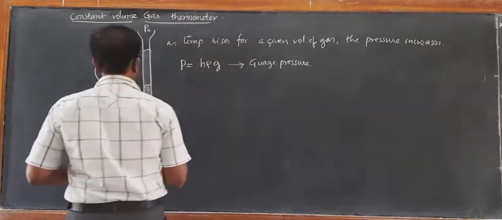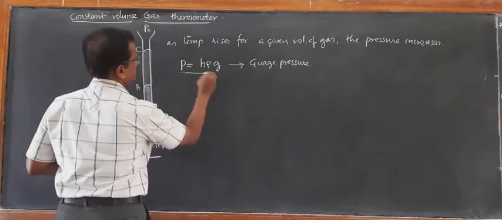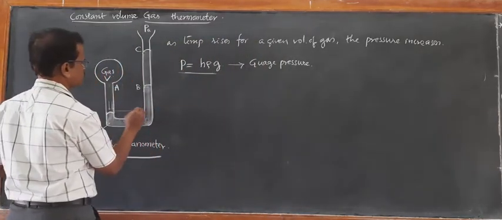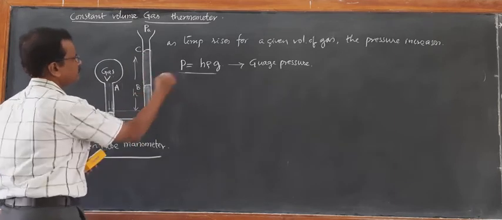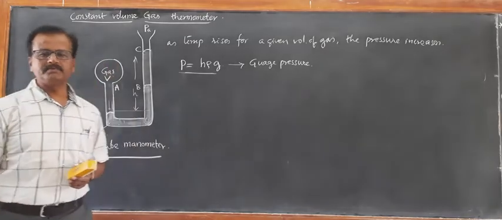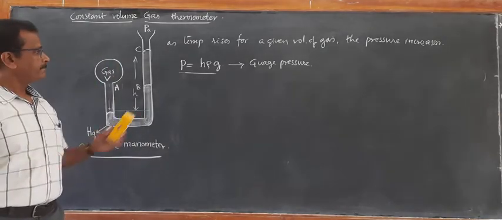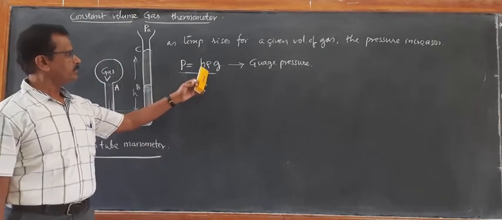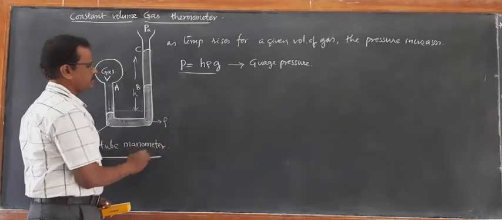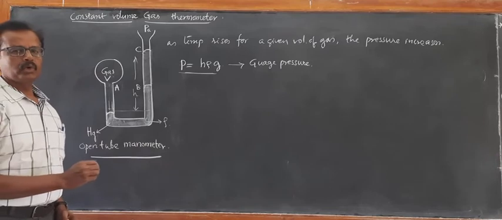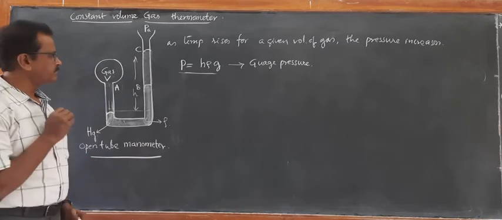By noting down the h value, we will be able to calculate the pressure equal to h rho g, where rho is the density of mercury, 13.6 gram per centimeter cube.